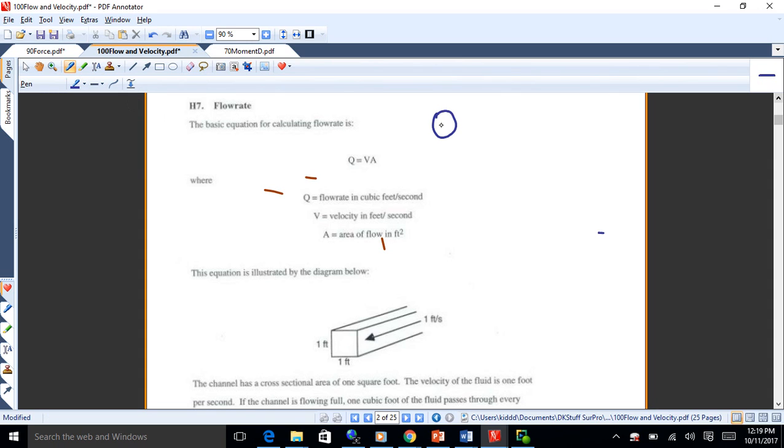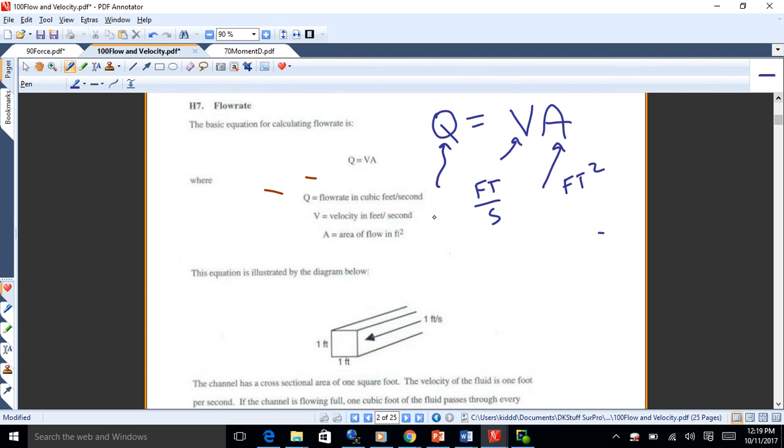And what that is: Q, that's the flow rate, is equal to the velocity times the area. Generally speaking, when you're doing this type of calculation, you like the velocity in feet per second. That's the normal unit to have that in. And then the area in square feet.